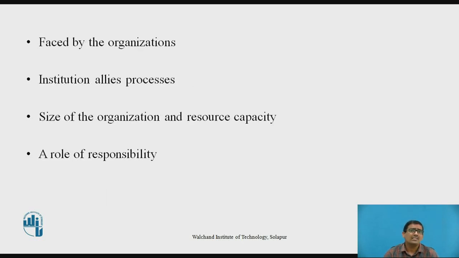If such positions exist, then officers and committees deal with the ethical issues faced by the organization. So we get a hint of how the organization approaches business ethics management.